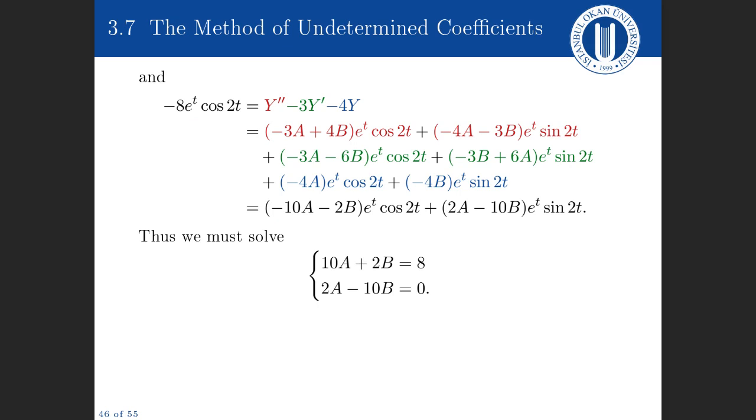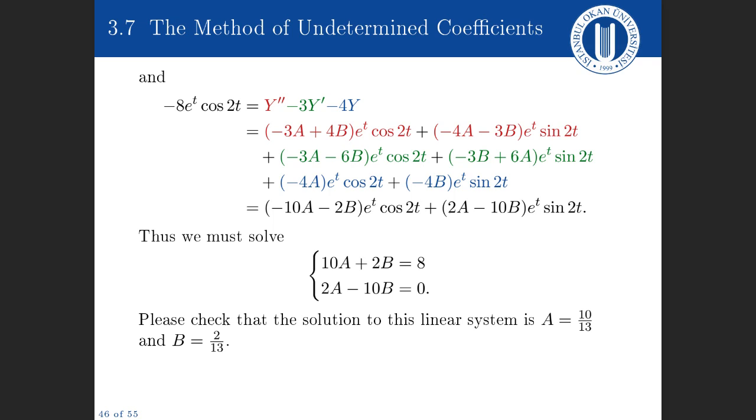I've just cancelled the minus signs out. And 2a minus 10b equal to 0. You know from linear algebra how to solve this. So I'm just going to tell you the answer. Please check that the solution is a is 10 over 13 and b is 2 over 13.